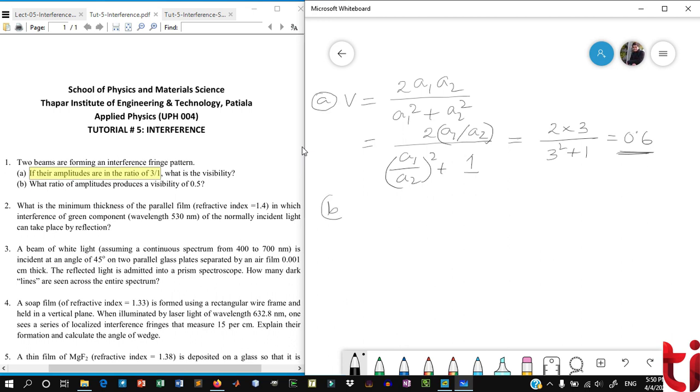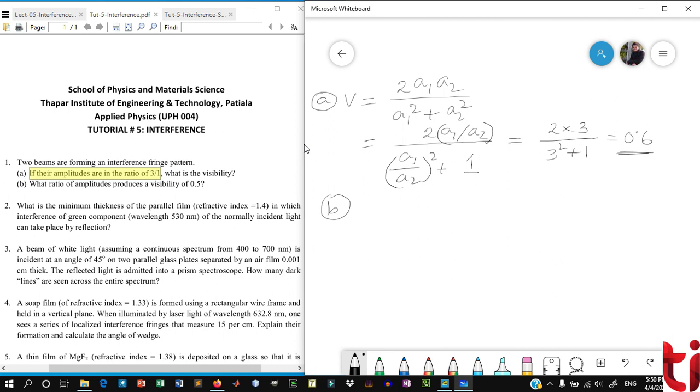1b, we are given the visibility to be 0.5. What is the ratio of the amplitudes? So in that case, this visibility V is 0.5 is given, and we are to find out this ratio.